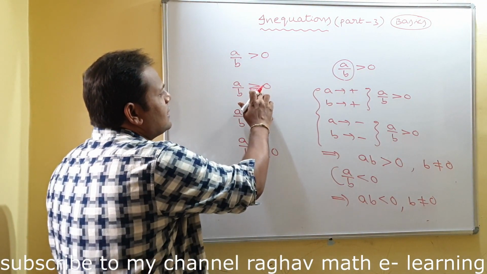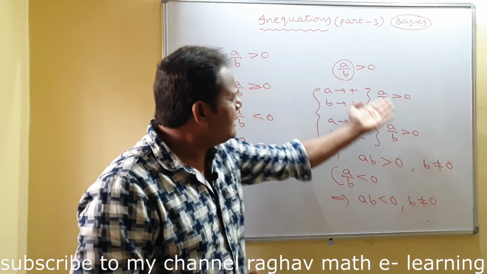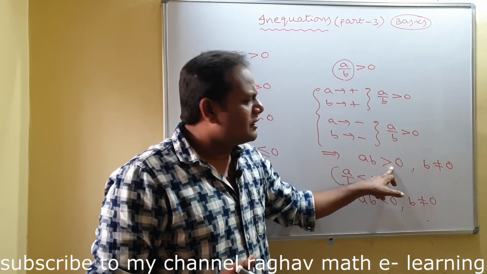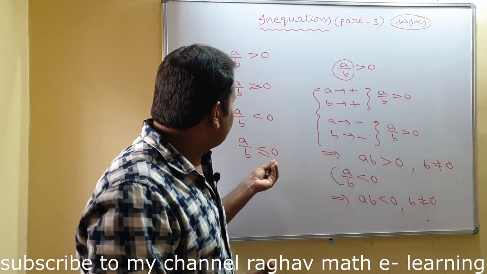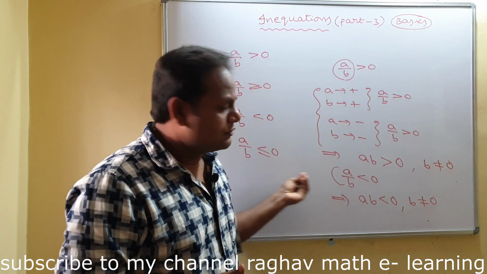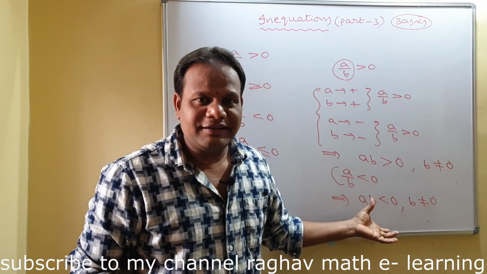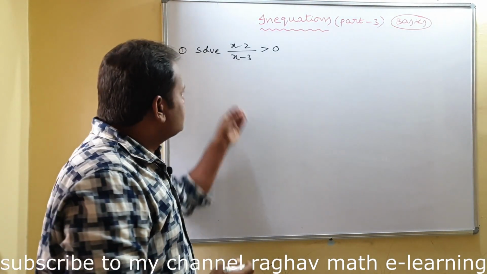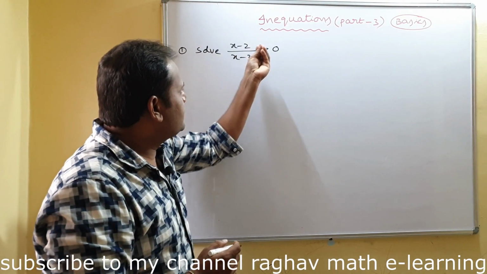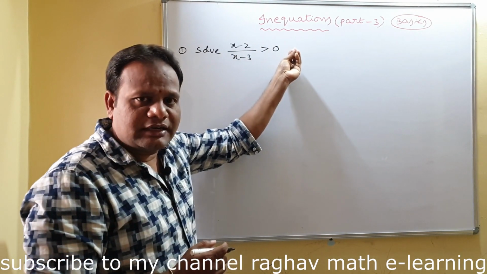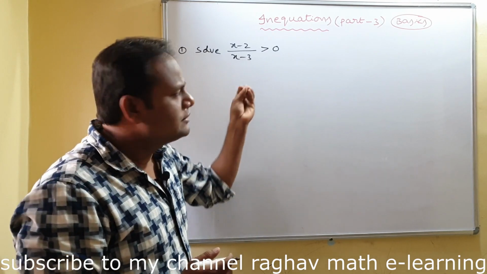Suppose it is greater than or equal to 0, here we take greater than or equal to 0. Suppose it is less than or equal to 0, here we take less than or equal to 0, right? Coming to this example, solve x minus 2 by x minus 3 greater than 0.